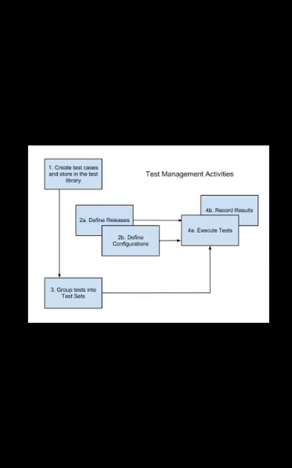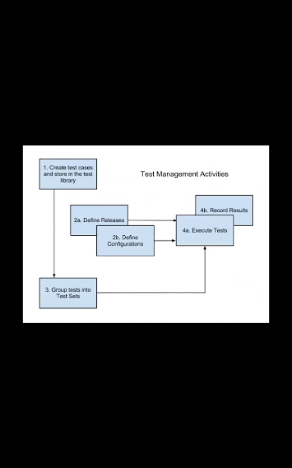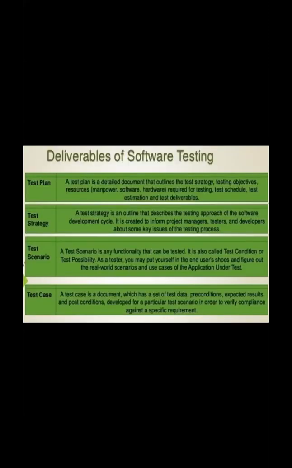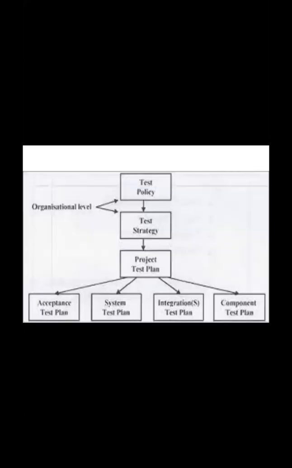Then we discussed the software testing management activities, so how the various test activities are carried out. Then the deliverables of software testing, what is the relationship between the test policy, test strategy, project test plan, and the different types of software testing activities like acceptance testing, system testing, integration testing, and component test plan.